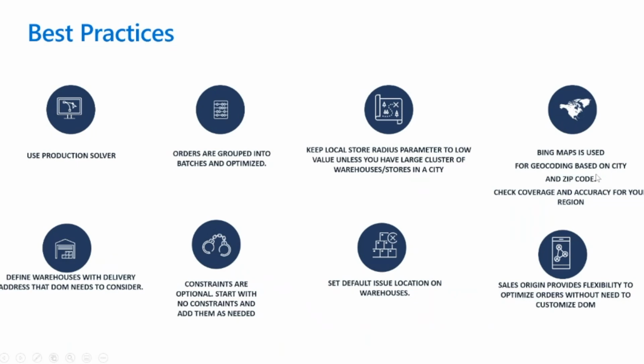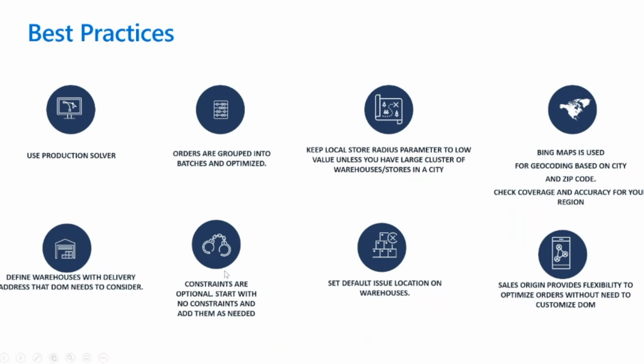Because we are using Bing Maps, in some other countries the Bing output result may not be as desirable as other services. So in that case, you can use a geocoding from other services, and you can update the FNO for processing. Always define the warehouses with the address type of delivery.